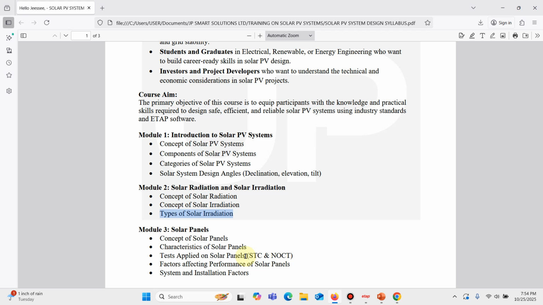Why would you have a 50-watt solar panel and it is producing 100 watts of power? We are also going to be talking about some of the problems people face while installing solar panels, and how to solve those problems.